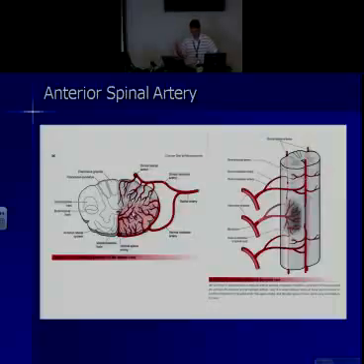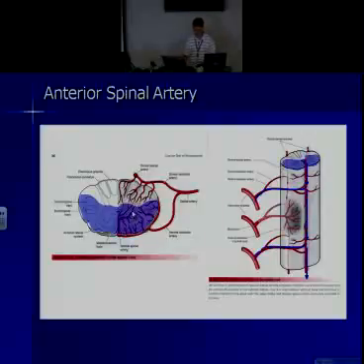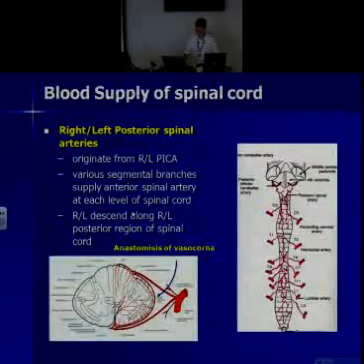So you would know what pain loss, motor loss, or mechanoproprioceptive loss would be expected. That's where we're going with each of these. So that's the anterior spinal artery.